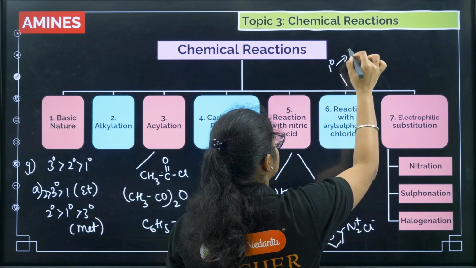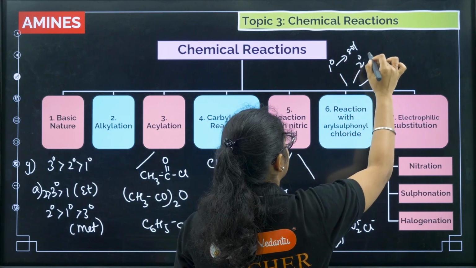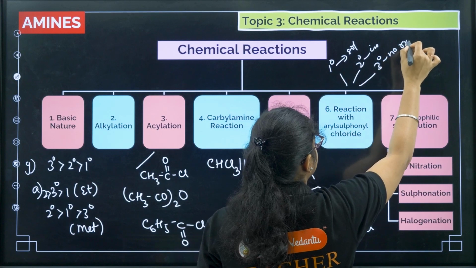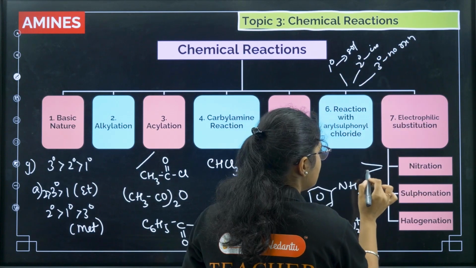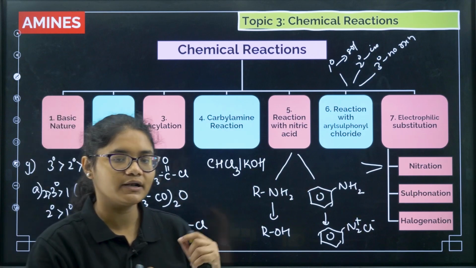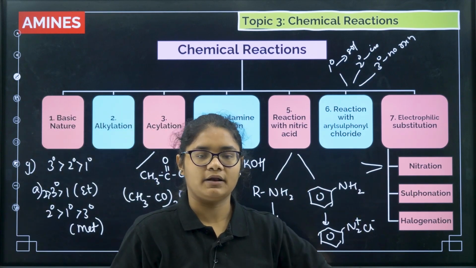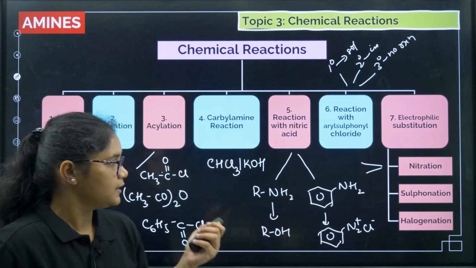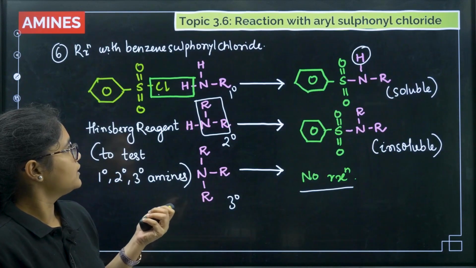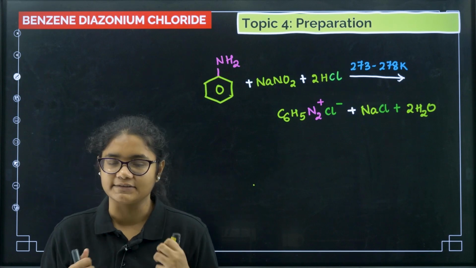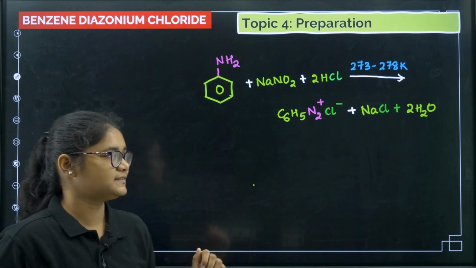Primary will be soluble, secondary insoluble, and tertiary no reaction. Here for nitration, you have to reduce the reactivity to get only para product. If you do directly, you will get ortho, para, all the 3 substituent products will be forming. Clear? So yes, that was all about the chemical reactions of amines. Now we will go to benzene diazonium chloride preparation. We have already seen now.